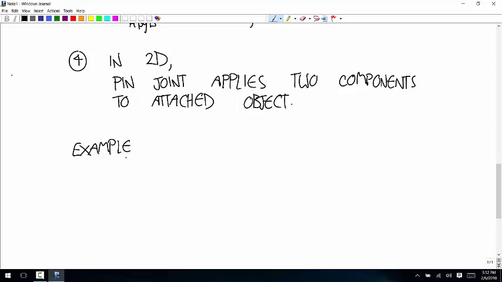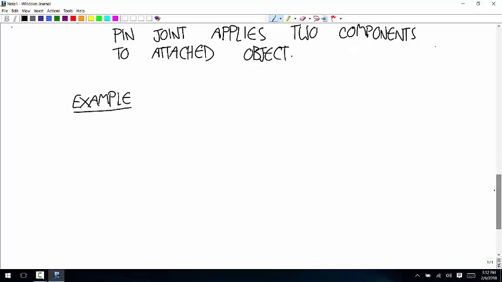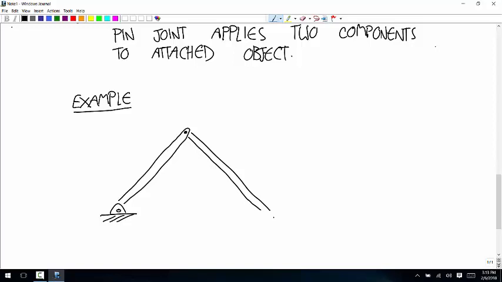So here's a pretty typical statics problem you would have to do. Let's say you have one beam there, one beam here. They make an equilateral triangle. Say that the lengths of each of these two beams are the same, half a meter.